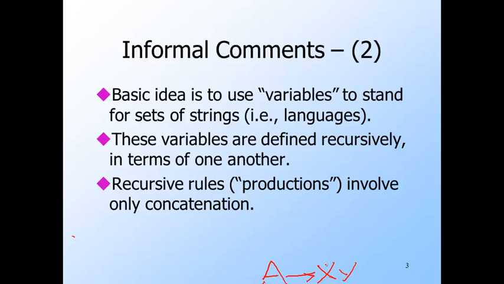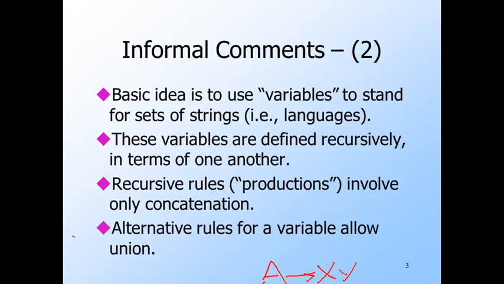A rule like this says that the concatenation of the languages represented by X and Y is a subset of the language represented by A. A variable may have several productions, and its language is thus defined to be the union of the languages described by the right sides of each of its productions. But remember, all of this may be recursive, so grammars are in fact far more powerful than the regular expressions we can build from unions and concatenations.